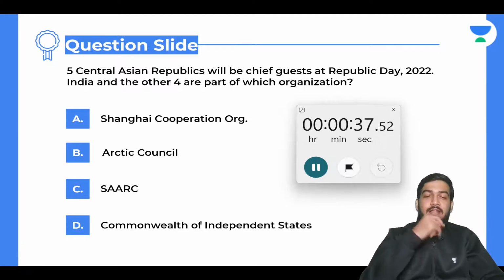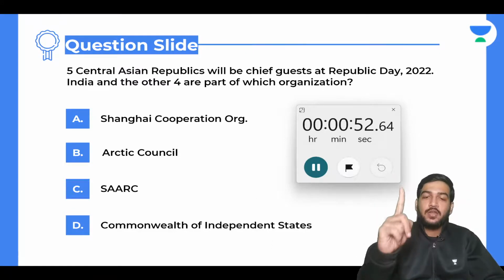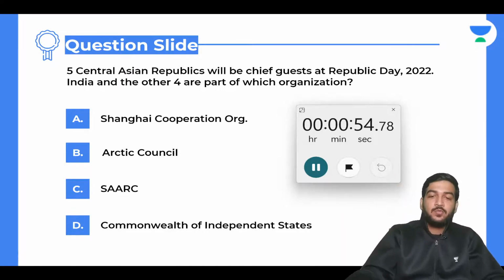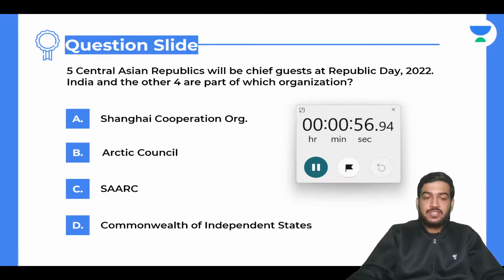Remember, you have to tell the organization in which 4 of these 5 invited parties plus India are members. In each of these options, only one of them is correct, in which India and these Central Asians are all members. In some, there are only Central Asian republics and India is not there.